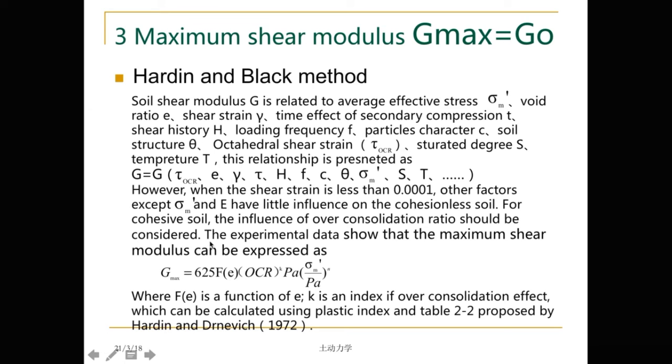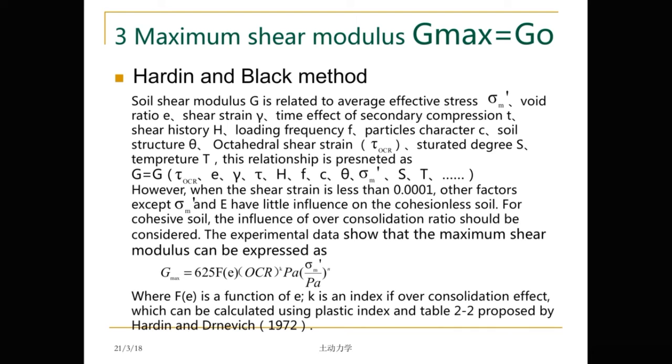We know the soil is divided into under consolidated soil, normally consolidated soil and over consolidated soil. Usually, the normally consolidated soil will have large deformation, but for over consolidated soil, the deformation is not so large, right?